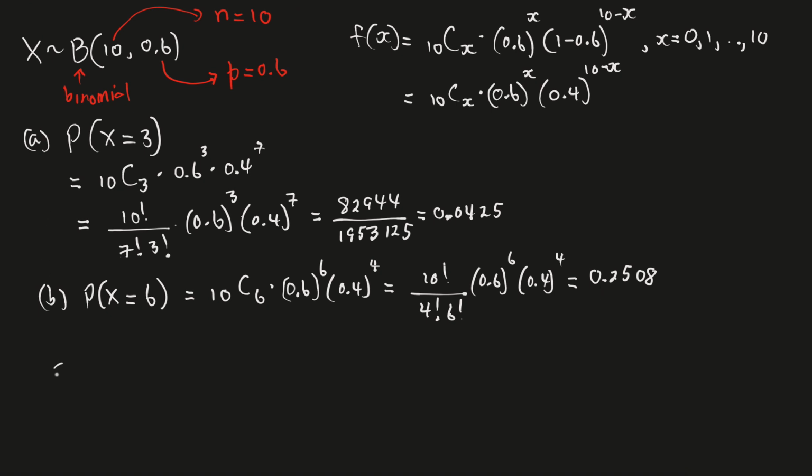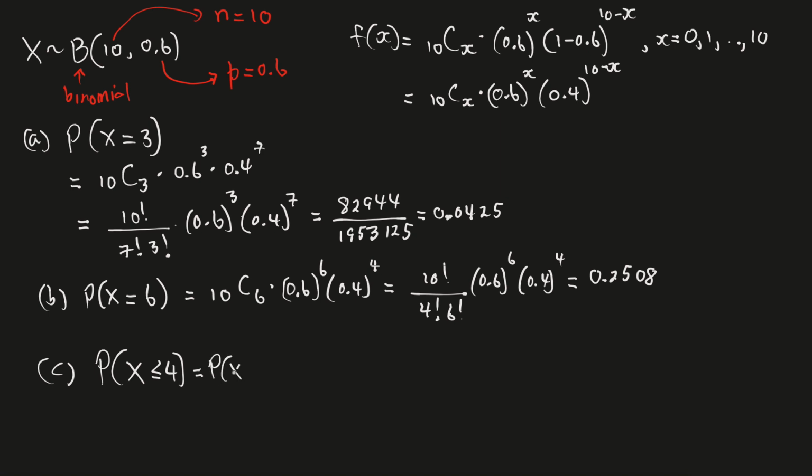So let's see part C. Now let's look at something like a cumulative probability. So the probability that x is less than or equal to 4. Well, there are 5 ways that this can happen.